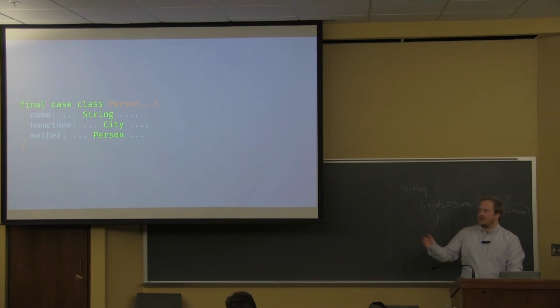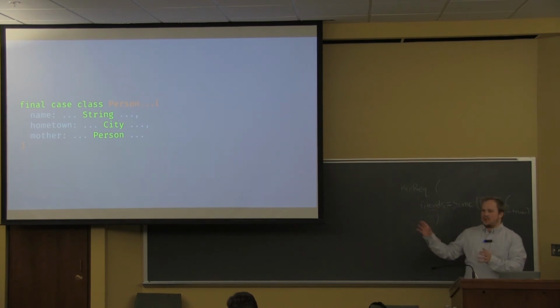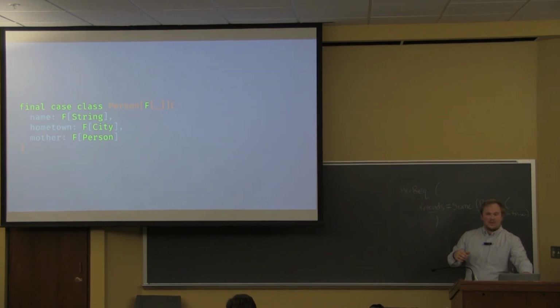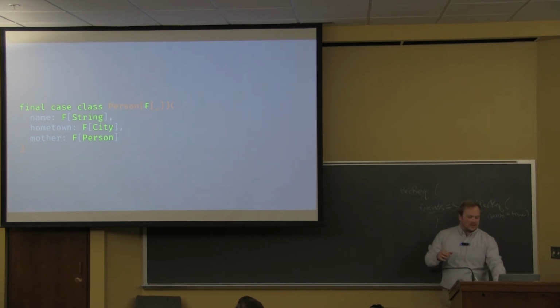So the question is, how can we do this in Scala? I don't know how familiar people are with higher kinded types. This might be an obvious step, this might be not an obvious step, but hopefully it's not too complicated to figure out what's going on. If I parameterize the person by some kind of type that has a hole in it itself, then I can just wrap each one of these interesting types in that parameterized type and have something that is exactly this version that isn't a real type at all.